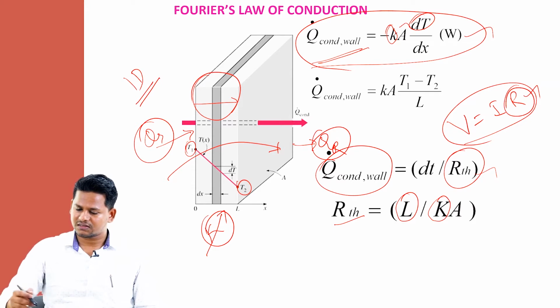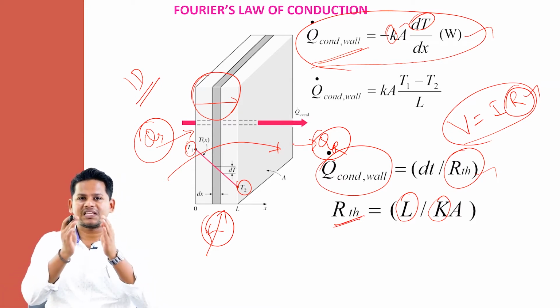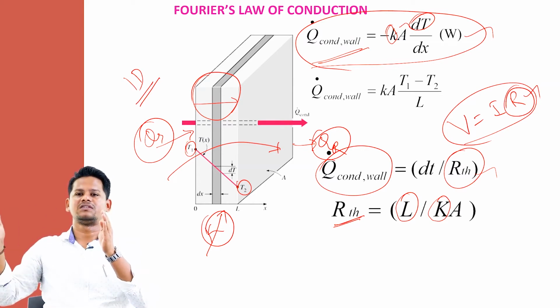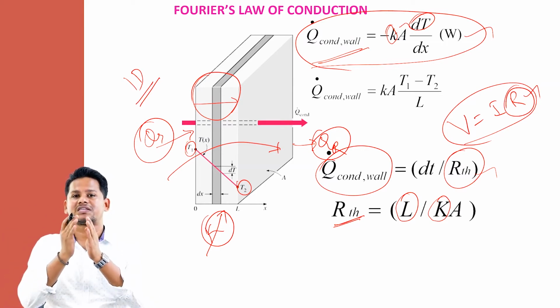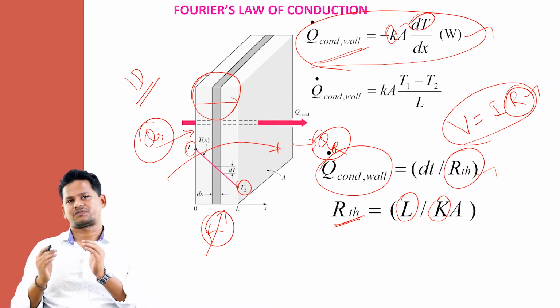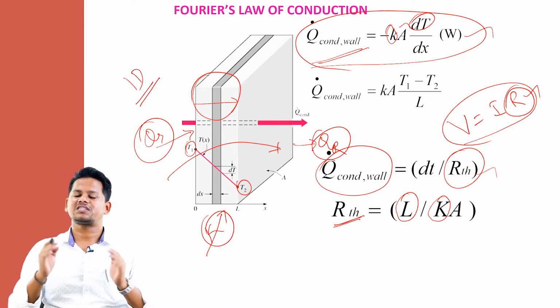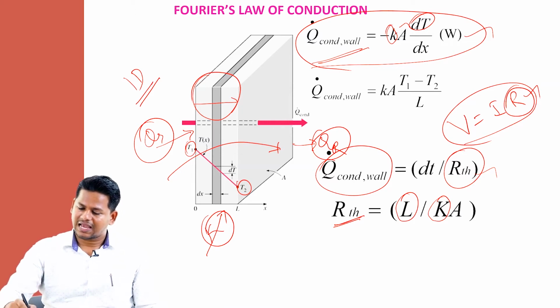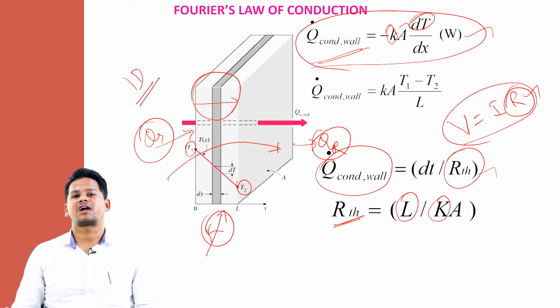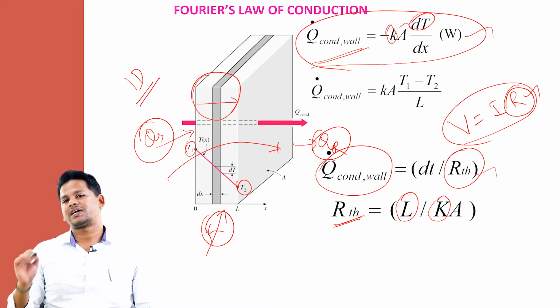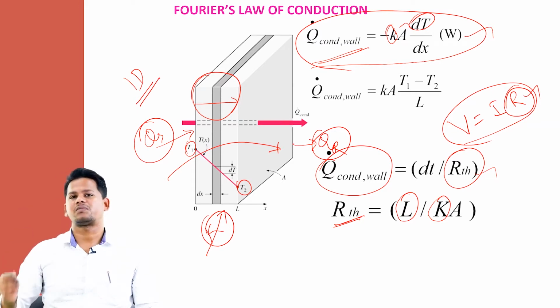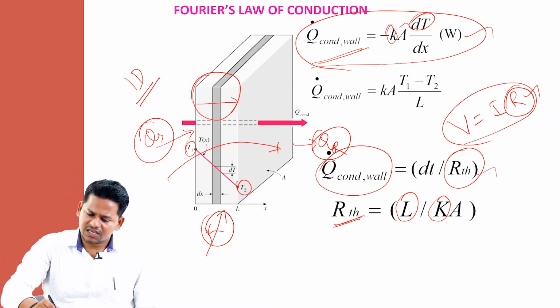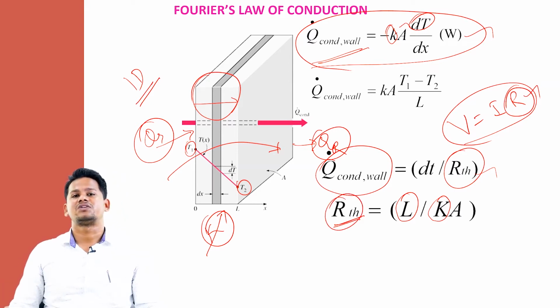Now we can understand that the thermal resistance is directly proportional to the length. If the material has more length, the thermal resistance is very large, so the heat transfer rate is very less. And you see here, the thermal resistance is inversely proportional to K, thermal conductivity, which means if your material has high thermal conductivity, the resistance is very less, so that we can transfer more amount of heat.